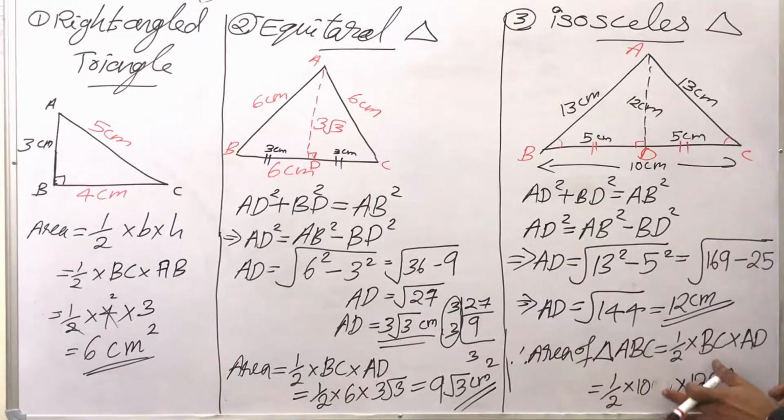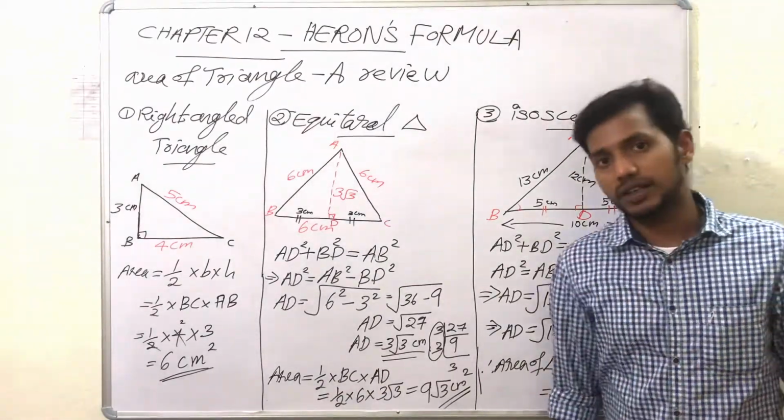Centimeter, no need to write, just write the magnitude only. Unit, no need to write. Now half into 10 will be 5. 5 into 12 is equal to 60 centimeter square. What is the unit of area? Centimeter square. Area is a two-dimensional quantity.